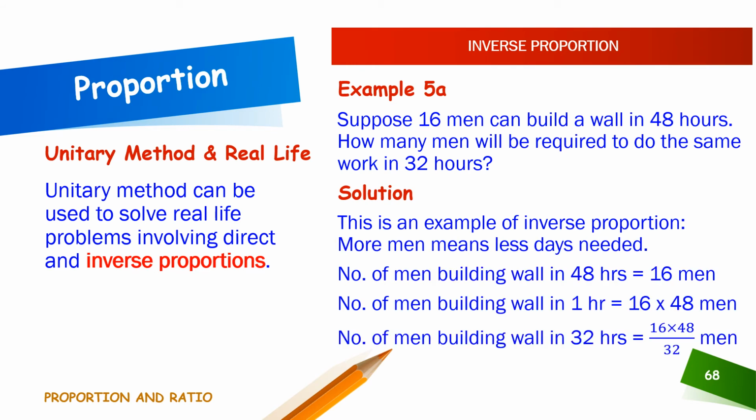So in order to find the number of men required to build the wall in 32 hours, we multiply the 1 hour by 32. Therefore, we divide the 16 times 48 by 32, since, as we said earlier, we're discussing inverse proportion.